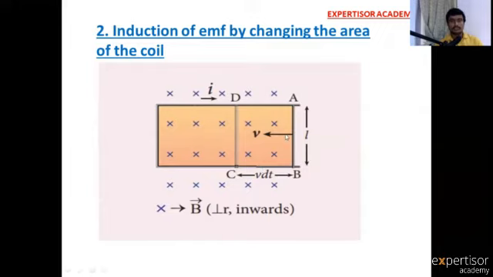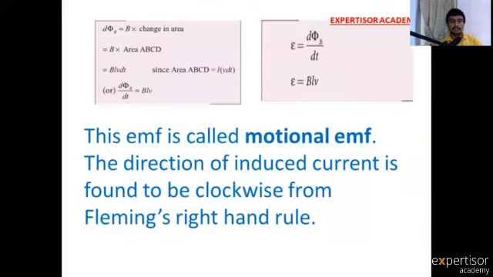Let's go for the derivation of induction of EMF by changing the area of the coil. The change in flux is equal to the magnetic field into the change in area. The area is the area of ABCD.